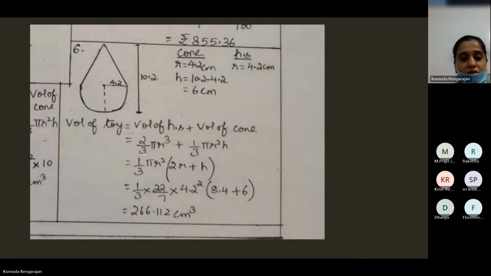So here 2 by 3 pi r cubed is for the hemisphere. This is for the cone, 1 by 3 pi r square h. So 1 by 3 pi r square is common. And r square into r is r cubed. And 1 by 3 pi r square is out here, so h alone inside.